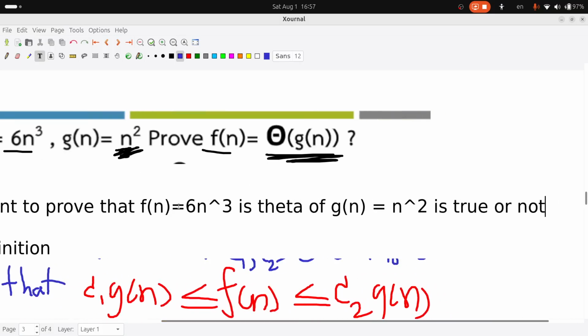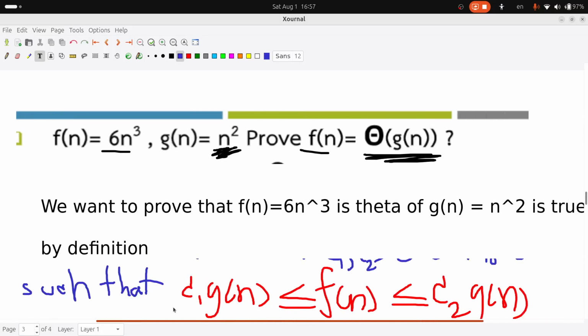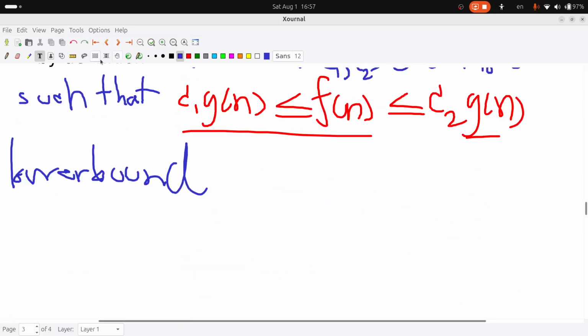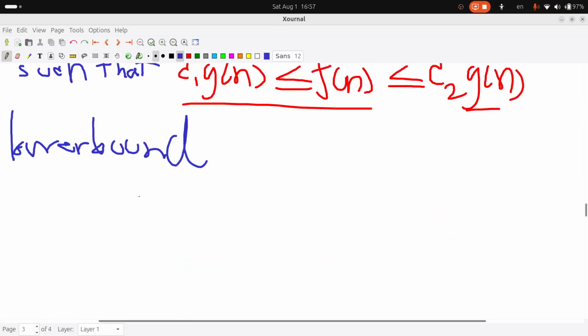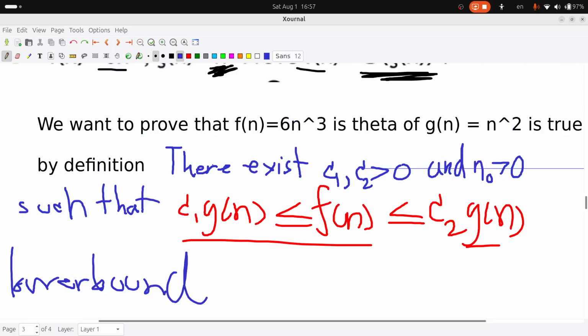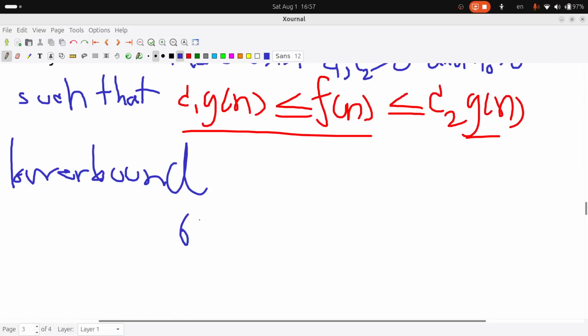This equation is true or not. We want to prove this. What we can write for the lower bound is the function fn, 6n to the power of 3, is greater than or equal to c1 n squared.